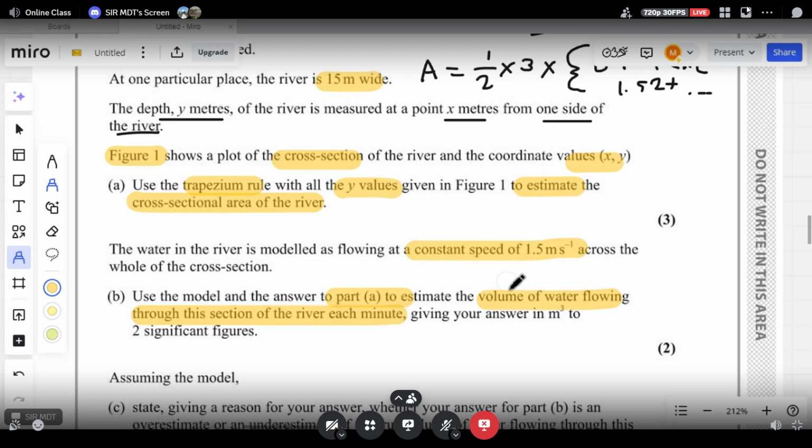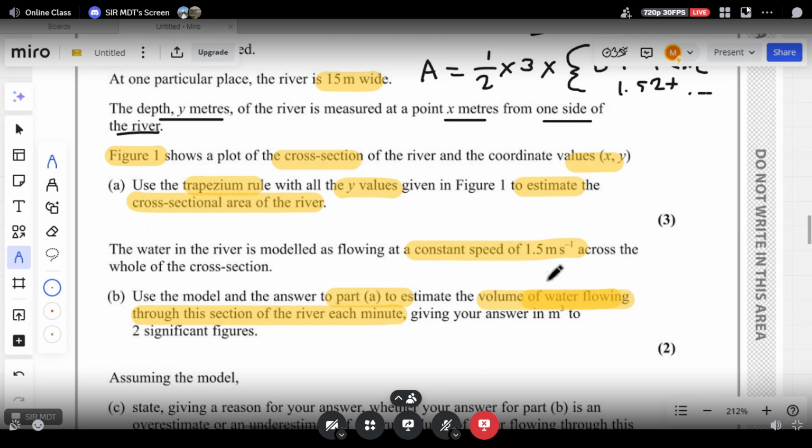So we need to find out the volume of water that is flowing through this section of the river in 1 minute, that is in 60 seconds. So the speed is given. If you see, the unit for speed is meters per second, right?